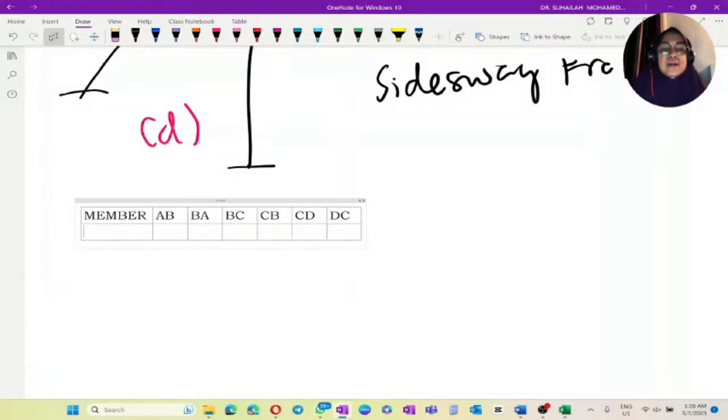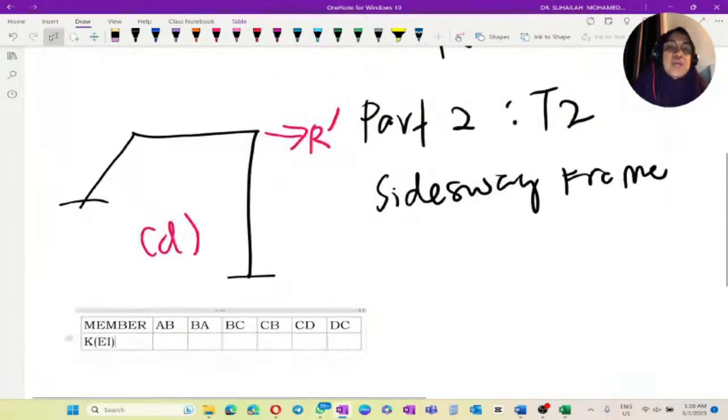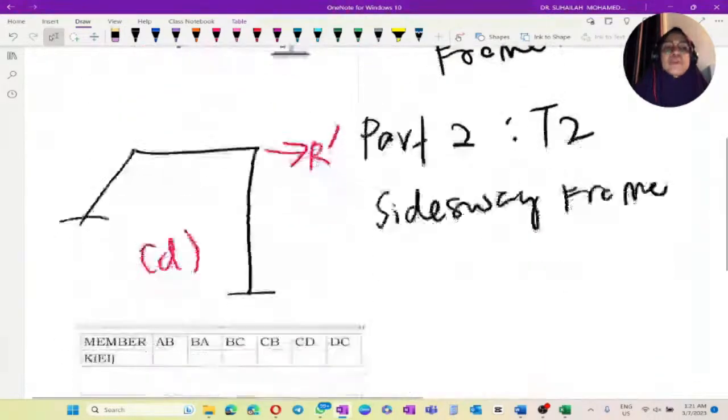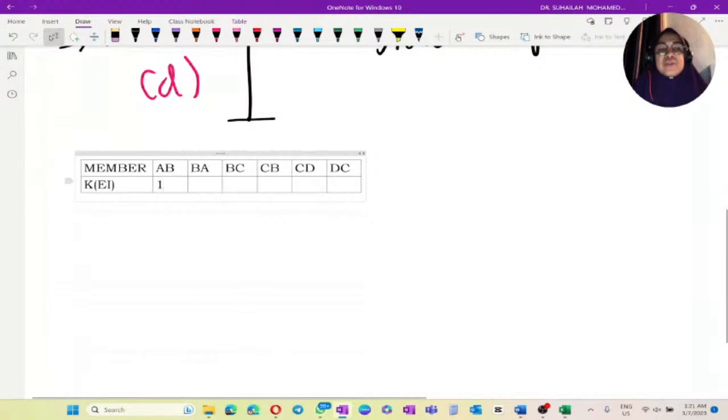And then for K, we will determine the K value in terms of EI here. Looking at this, the member length for AB is 4 meters. We use 4EI over L, so L is 4 meters, so it is 4 over 4, which is equivalent to 1.